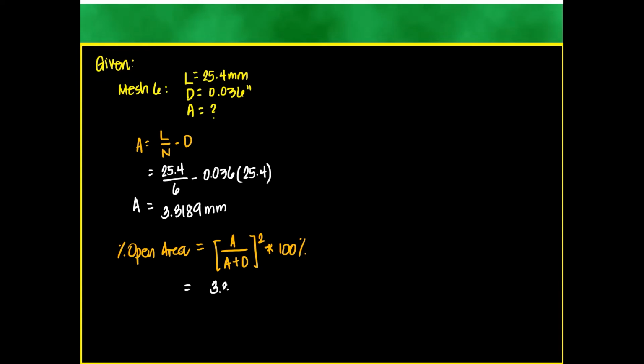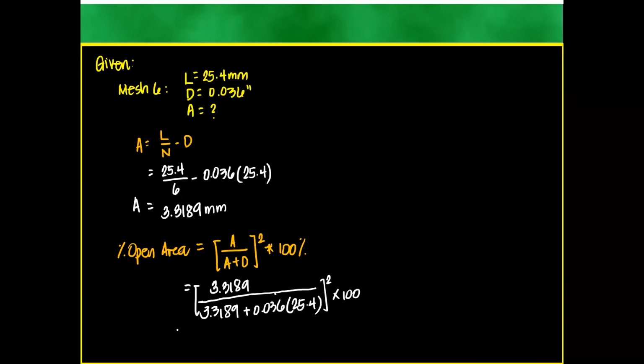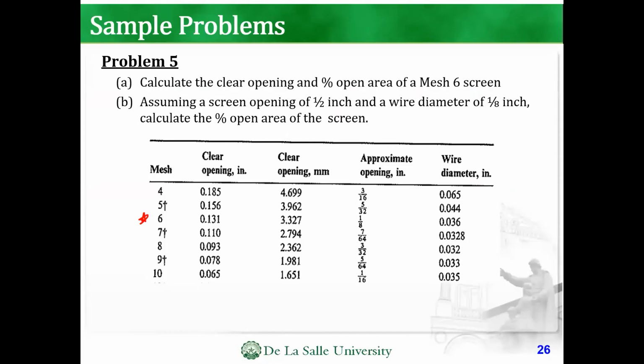So that's 3.3189 over 3.3189 plus 0.036 times 25.4, square this, and then times 100. What's the answer? 61.47% open area.